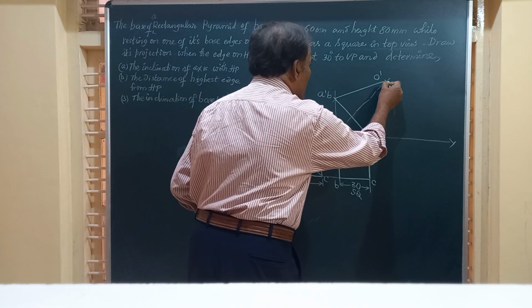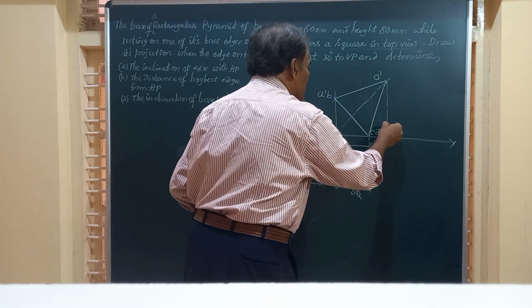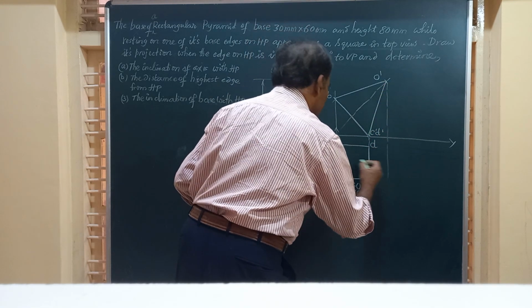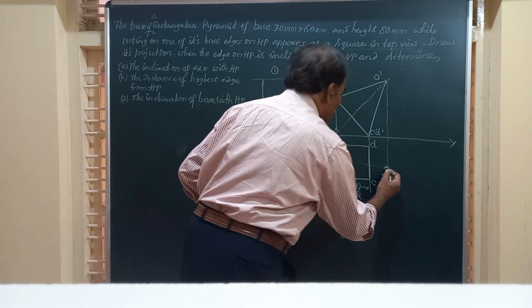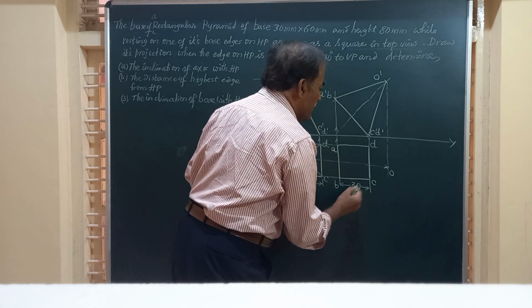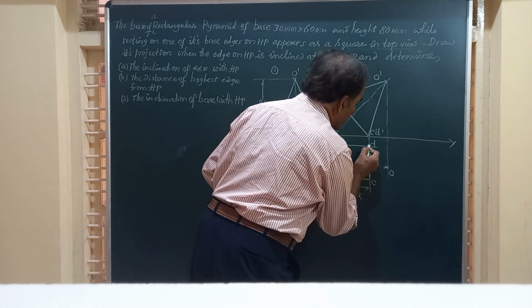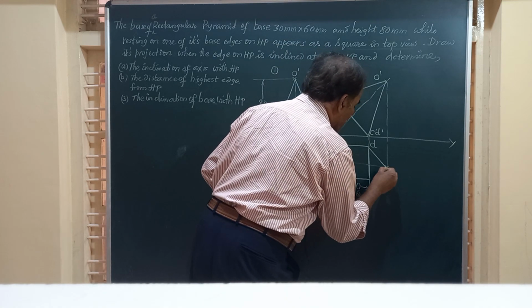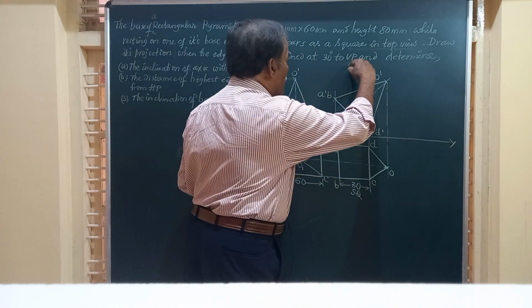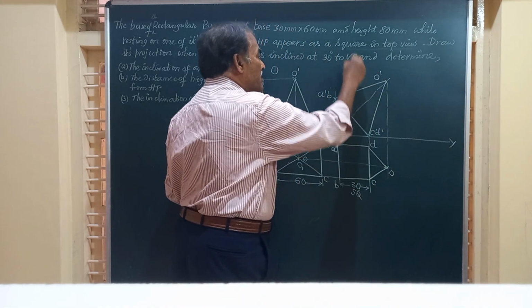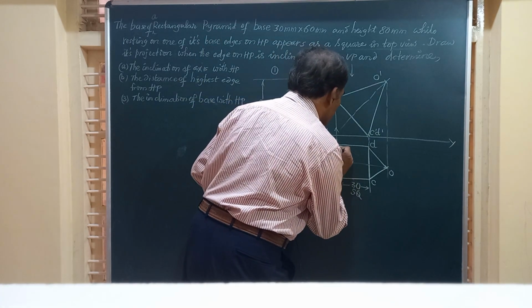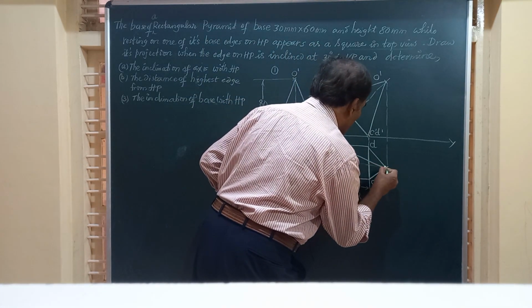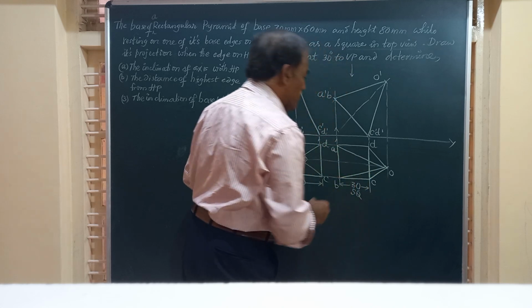Before that, let me mark this vertex O also to add in the top view. Friends, now this is the vertex O. I am going to join O to D, O to C, and OA and OB are visible when you see from the top, and hence I am going to mark a visible line for OA, a visible line for OB.